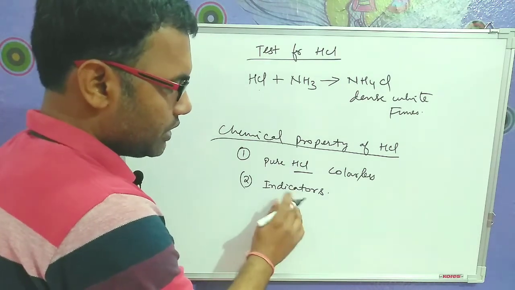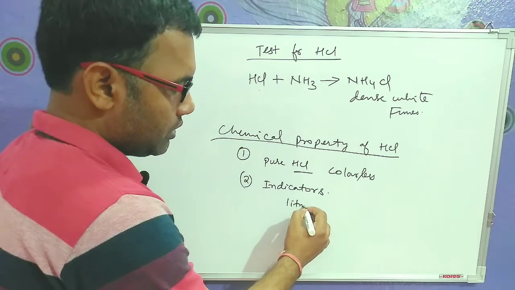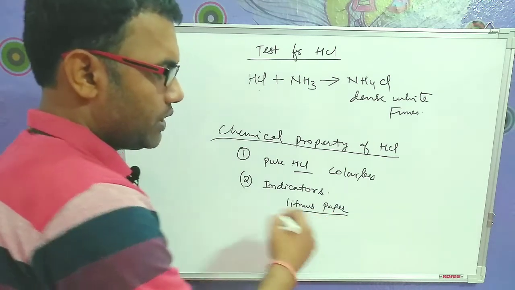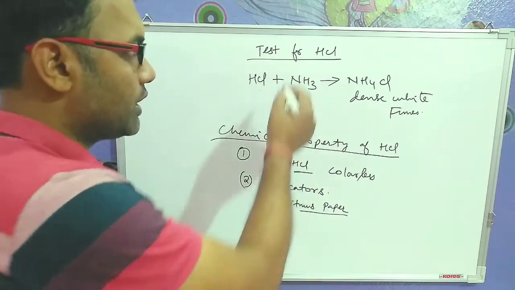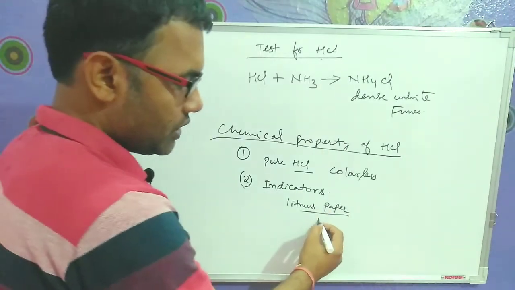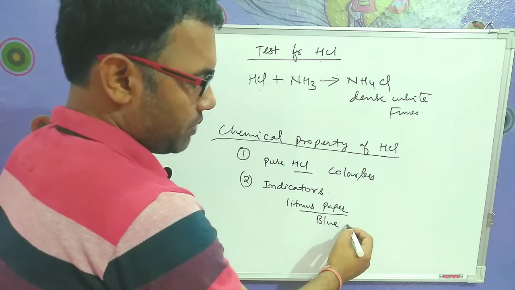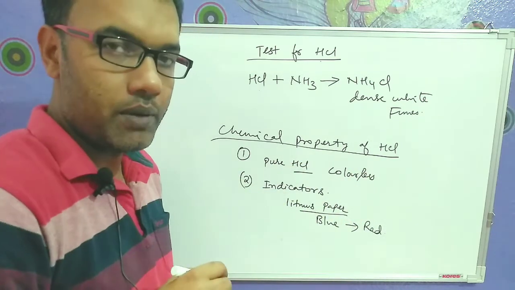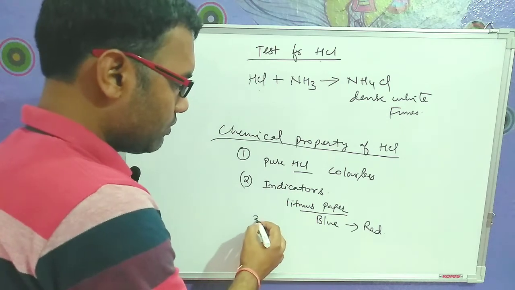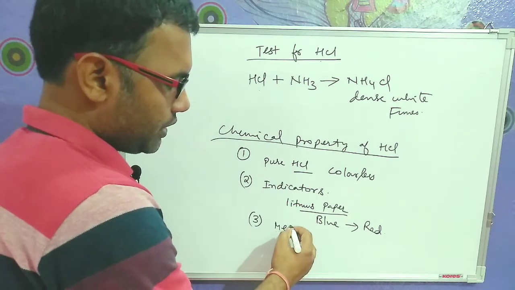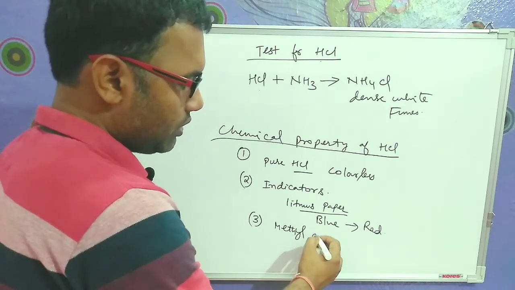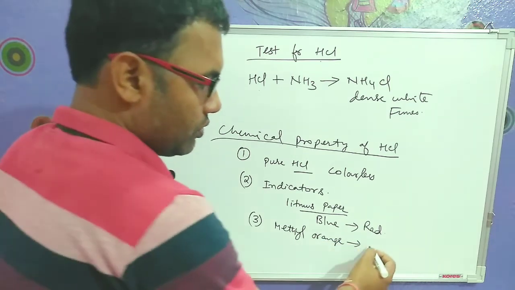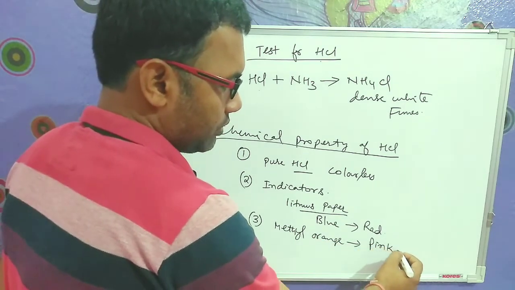The first indicator we are using is litmus paper. What kind of litmus paper are we using? We all know that HCl is an acid, so we'll use blue litmus paper and it will convert into red litmus paper. Third, if we take a solution of methyl orange, it will get converted into pink color.